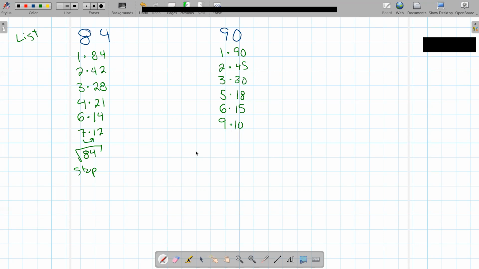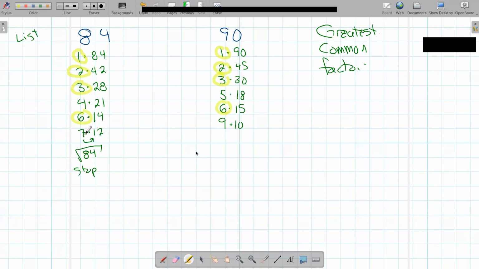And then remember, we're looking for the greatest common factor. And so usually I like to list all common factors. So they have a 1 in common, and a 2 in common, and a 3 in common. A 6 is in common.